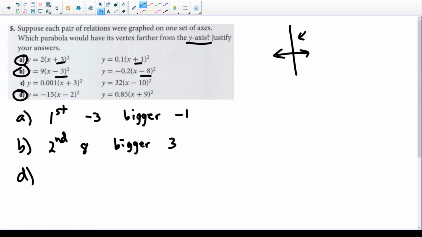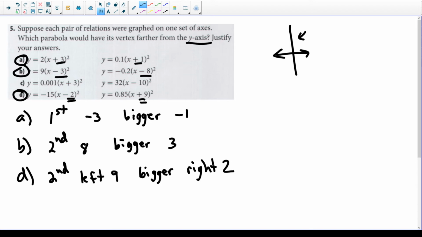And D is a situation where we have two different signs, but still the number itself is what we're interested in here. Moving to the left by 9, so the second one is the one that's further away. So left by 9 is bigger, maybe I should have used the word further, than right by 2. And that's it for question number 5.